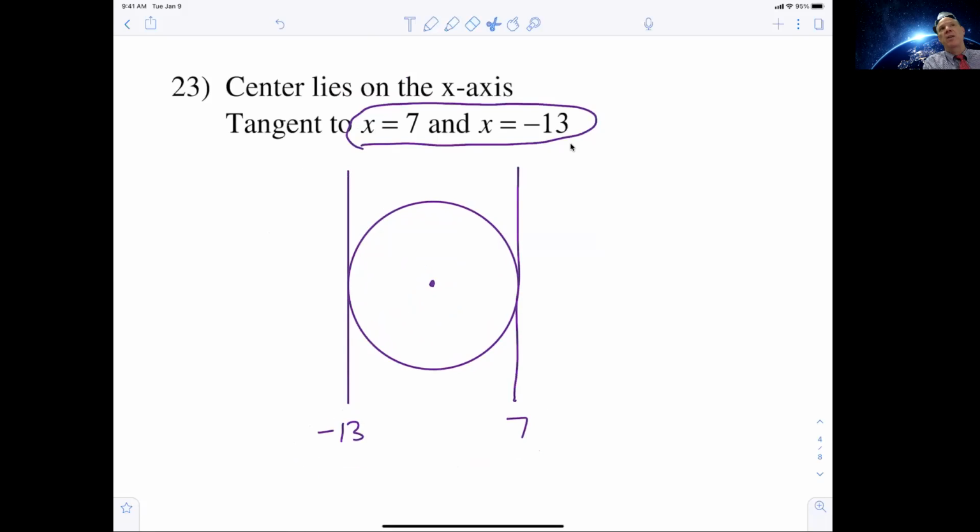So remember, anytime you want to find the middle, you're finding the average. What's the average of negative 13 and 7? Negative 3, right? You with me? And it also said it's on the y-axis. I mean, I'm sorry, it's on the x-axis. So if it's on the x-axis, that means the y value is 0.